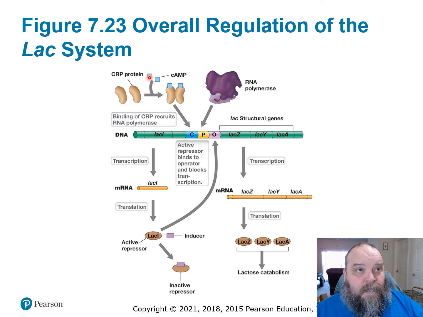High levels of cyclic AMP, due to the glucose being depleted far enough that cyclic AMP levels are up, means that polymerase is bound here. And now polymerase can go through and express all the genes for lactose catabolism, the uptake and then the preparation of lactose to enter into the glycolytic pathway.